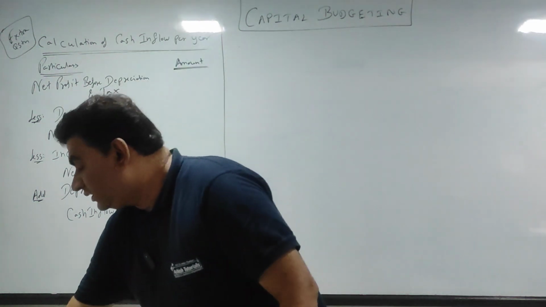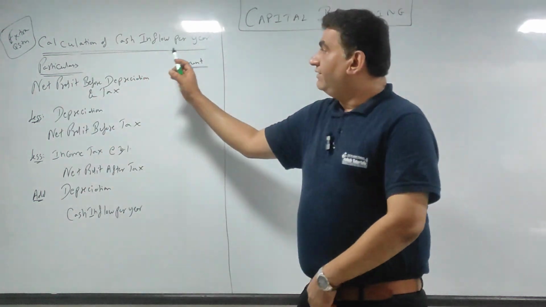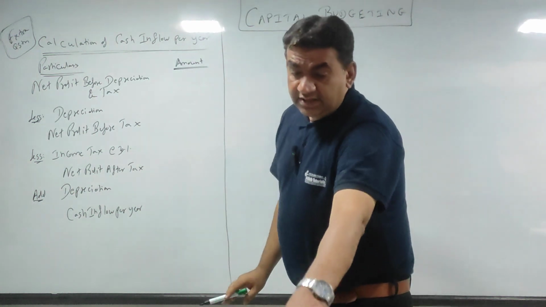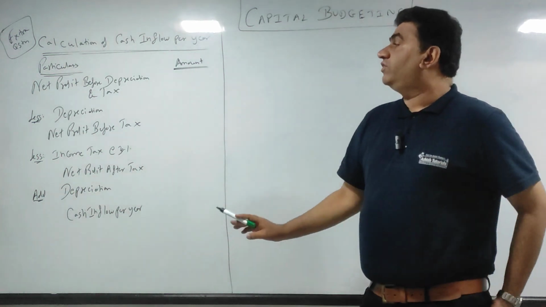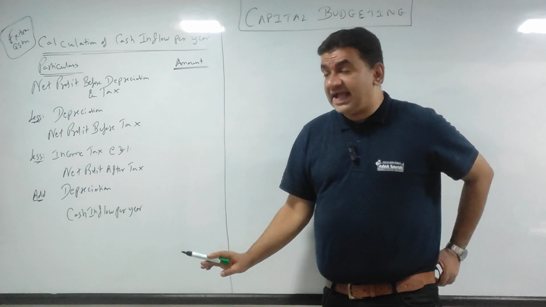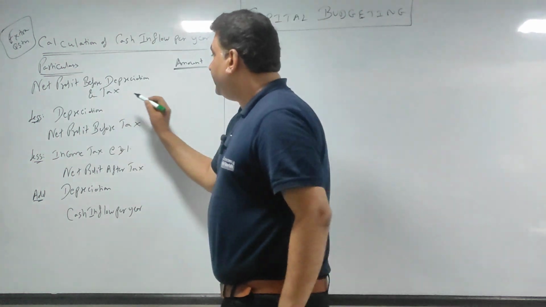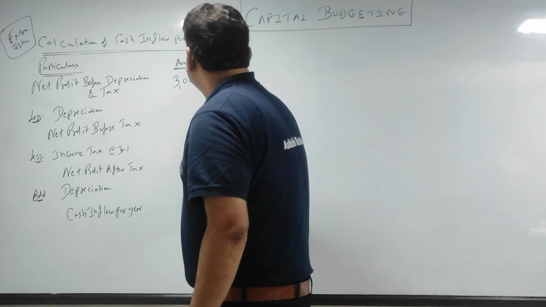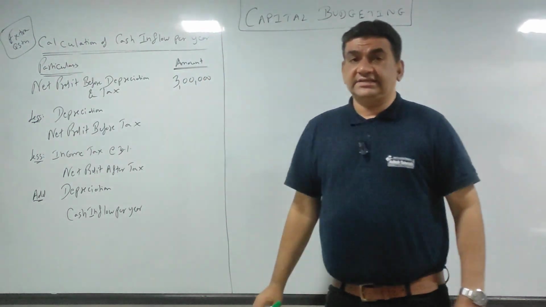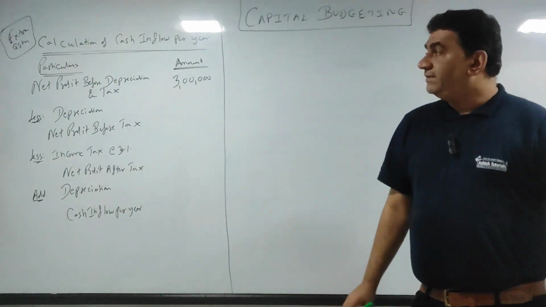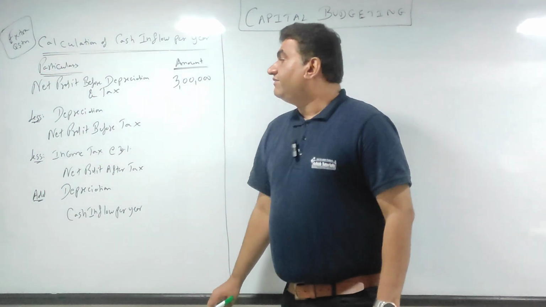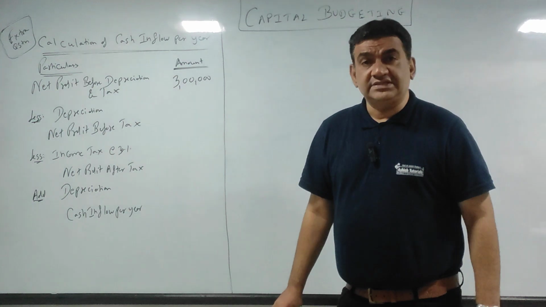So, extra question, give the heading calculation of cash inflow per year. My net profit before depreciation and tax is given 3 lakhs. So, against net profit before depreciation and tax, I will write 3 lakh rupees.